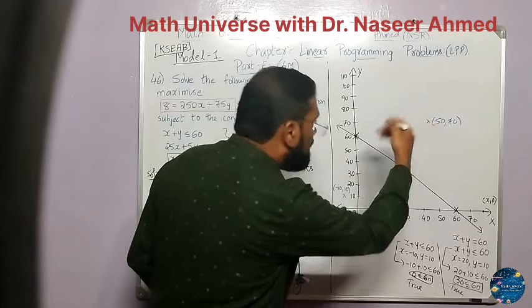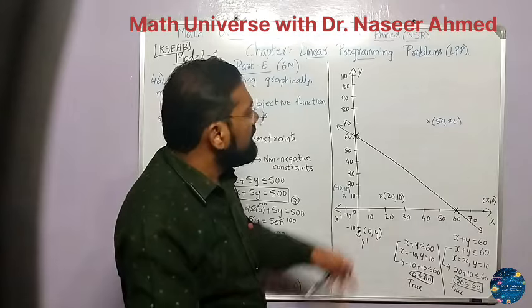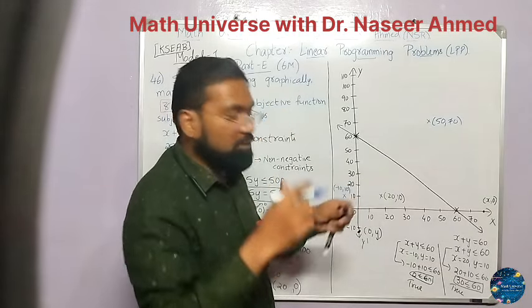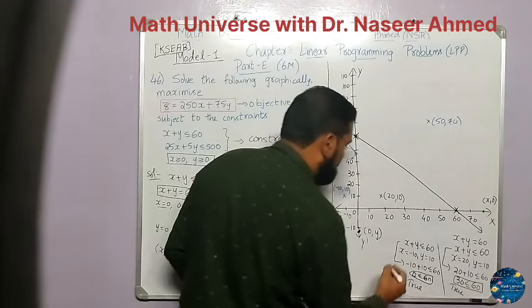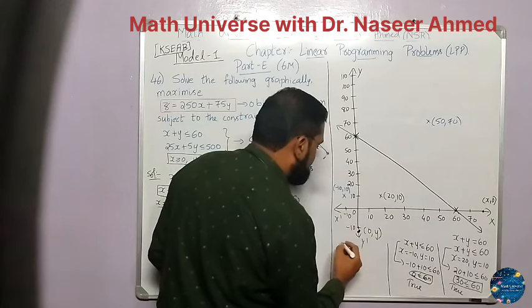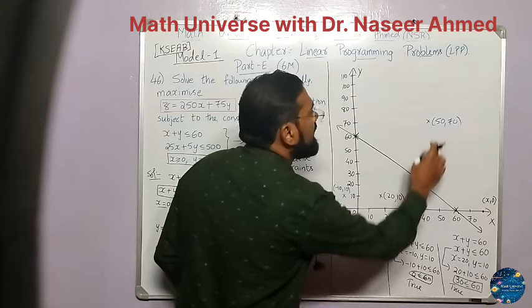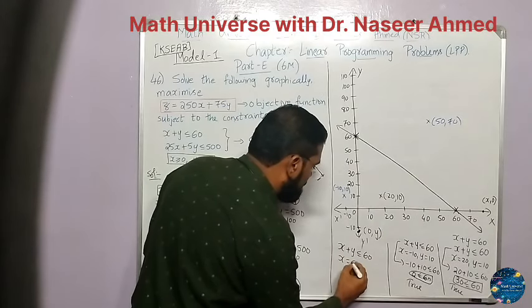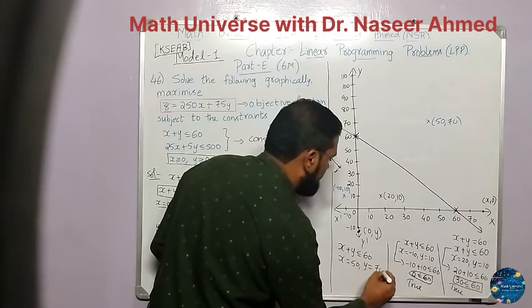Now before solving itself, I'm saying we should get false. Why? As per the concept, as soon as the point on one side agrees, the point on the other side should disagree with the inequality. Let us take the inequality here: x plus y less than or equal to 60. The x value is 50 and the y value is 70. So let us substitute: x is equal to 50 and y is equal to 70.